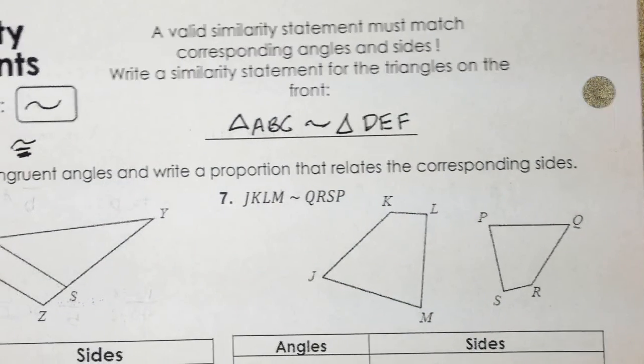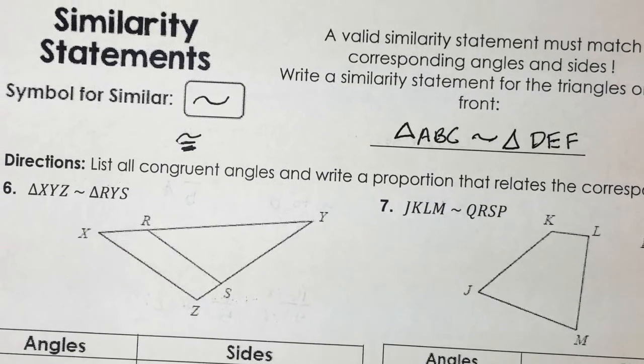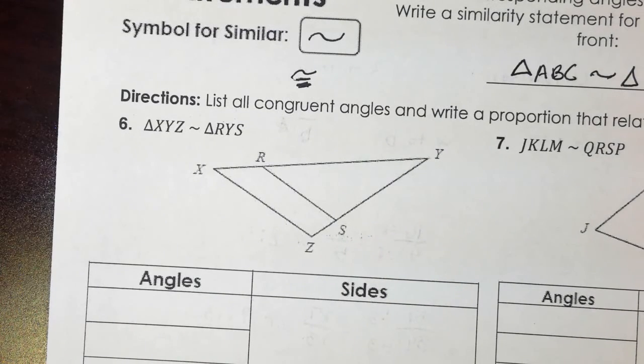And from there, list all congruent angles and write a proportion that relates the corresponding sides. Okay. So we're going to list all our congruent angles on number 6 and 7, and we're going to write proportions for our corresponding sides. A proportion is when you set two ratios equal to each other.